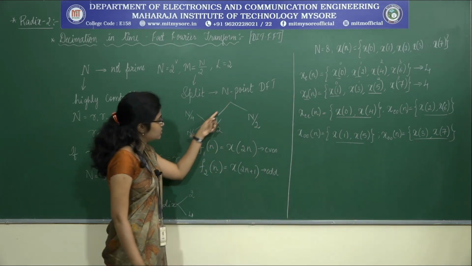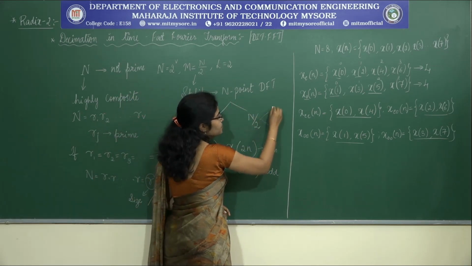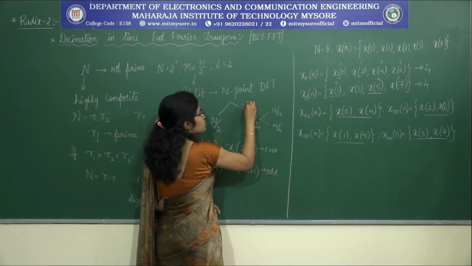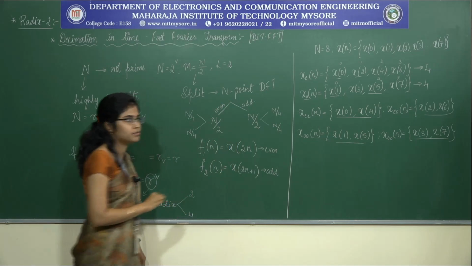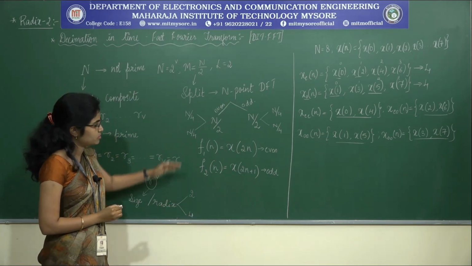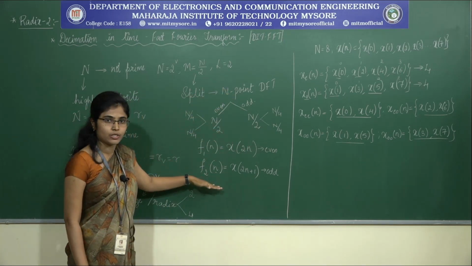So this was the division with respect to even numbered samples, and this was with respect to odd. Again this will be n by 4 and n by 4. So this is with respect to odd, this is with respect to even numbered samples. So like this we perform the divide and conquer approach. So with this particular thing we got the standard equation.